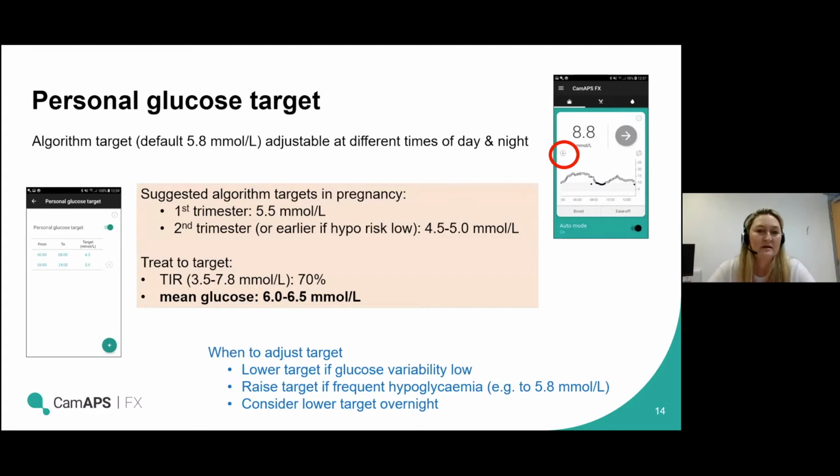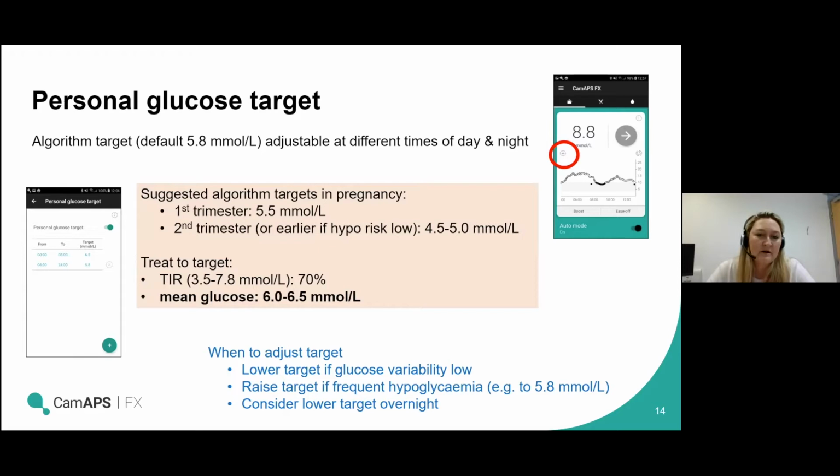But the things that are specific to pregnancy are, one of them, the personal glucose target. As Charlotte said, the algorithm defaults to a target of 5.8, but you can personalize this, and you can set it at different levels for different times of day and night. So what we suggest is in the first trimester, we start with 5.5 when we're being careful with the earlier hypo risks.